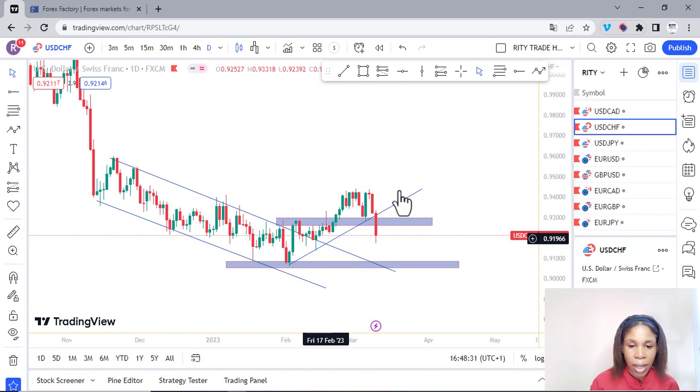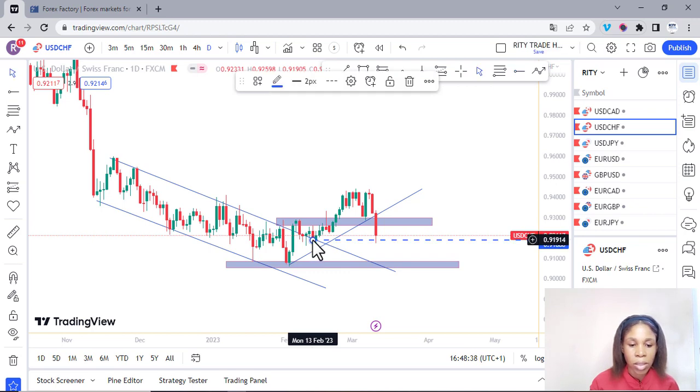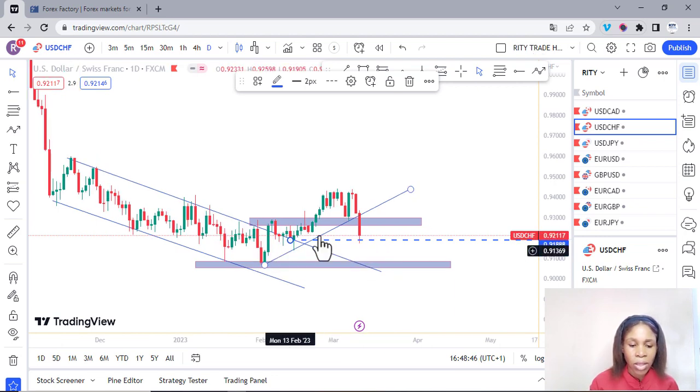But then guys, you can see that there is a level at this point. Clearly we can see that the bulls are already showing their signs over here. So I would like to see how price reacts to this level to get a pullback to continue back into this zone.